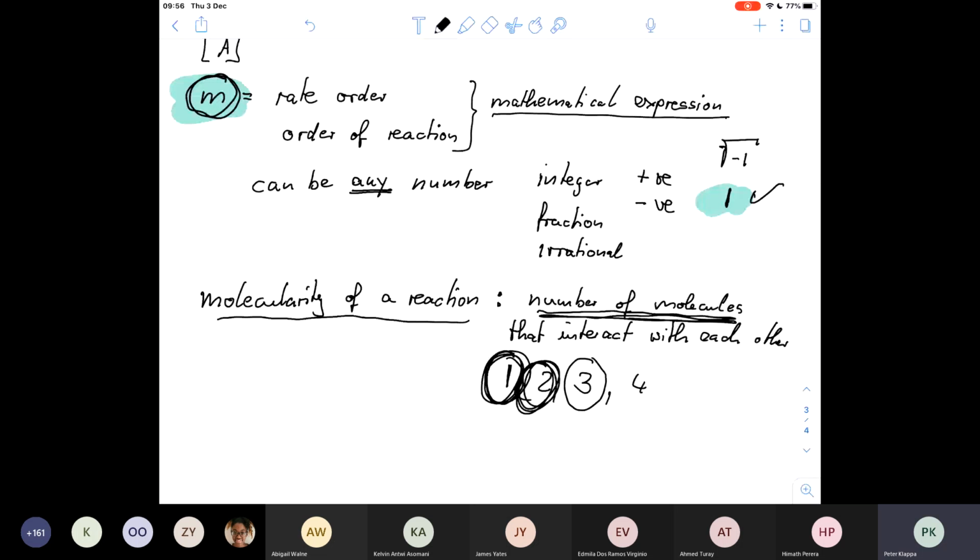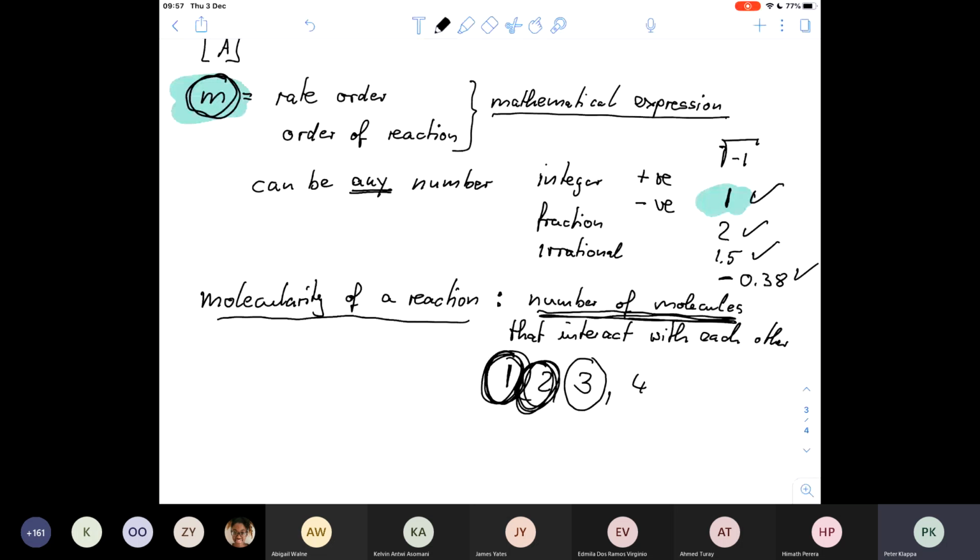Yes. Can it be 2? Yes. Can it be 1.5? Absolutely yes. Can it be negative 0.38? Absolutely. It can be anything because it is only a mathematical concept, right?